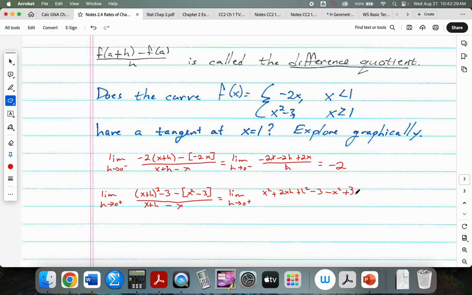Got to be sure to distribute the negative sign there. All over h.